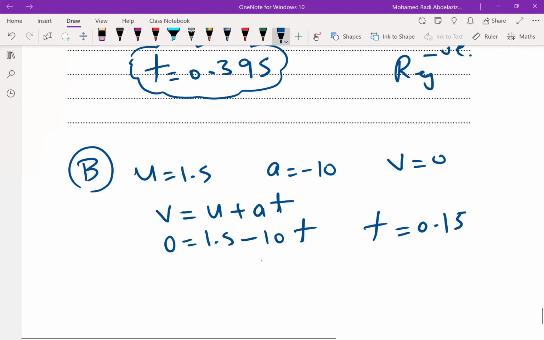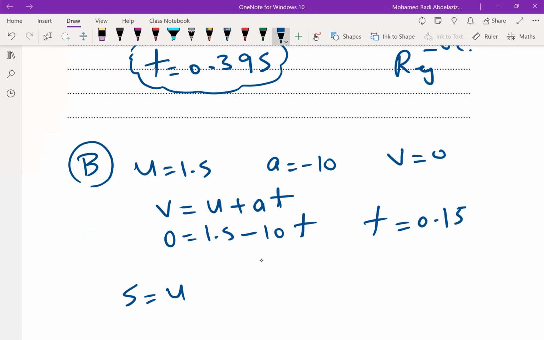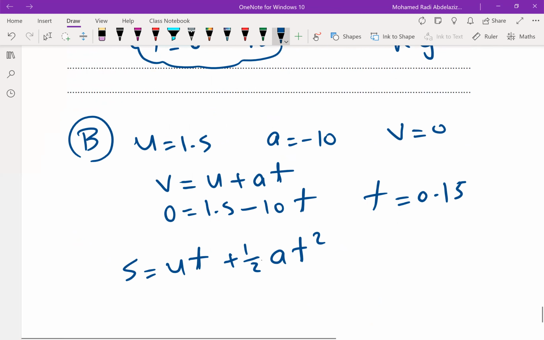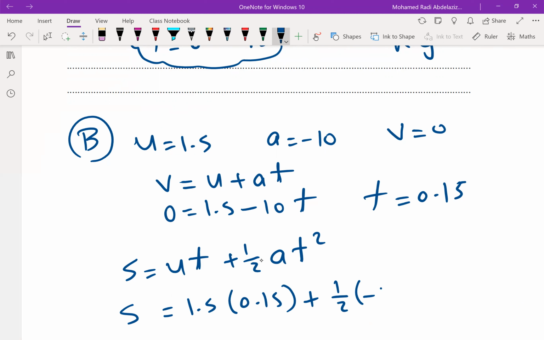And also you can find the displacement. s is equal to ut plus half at squared. The initial velocity is 1.5, time is 0.15, plus half of negative 10 times 0.15 squared.